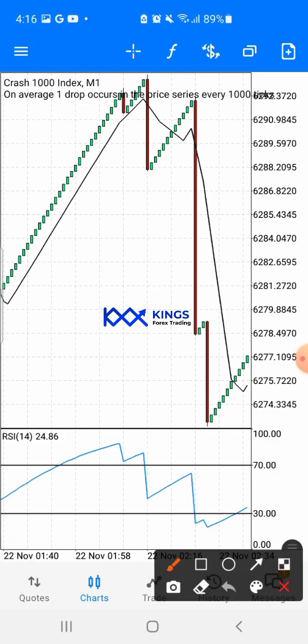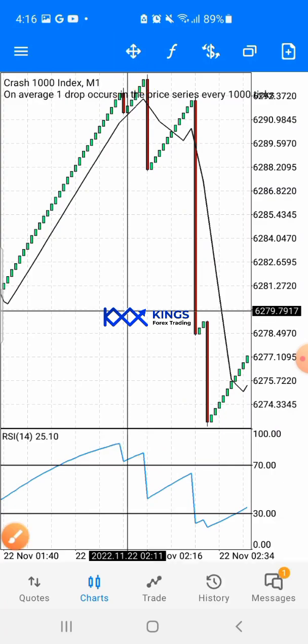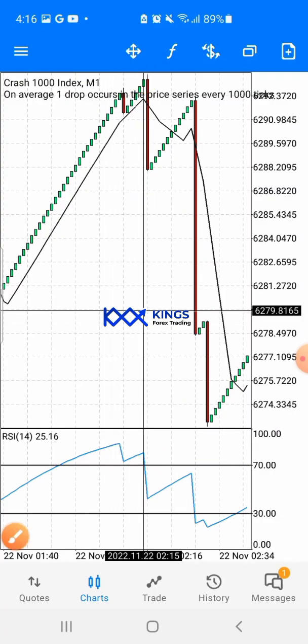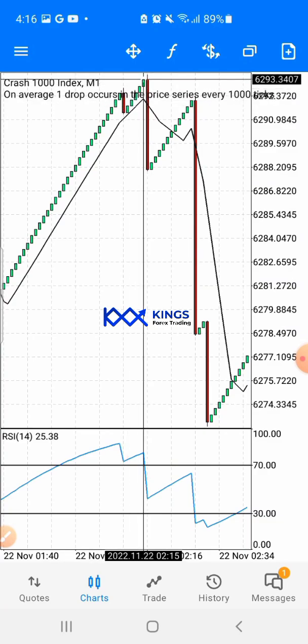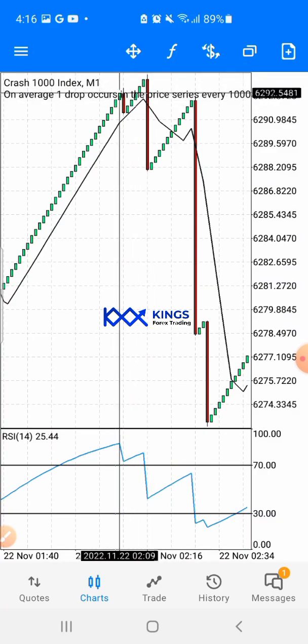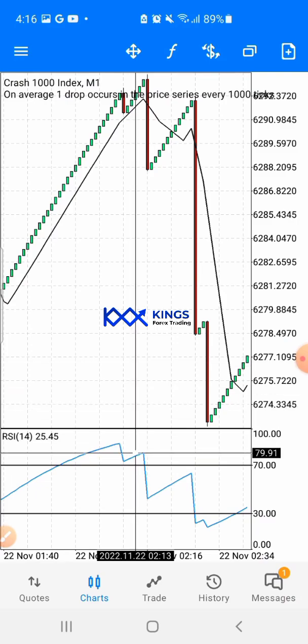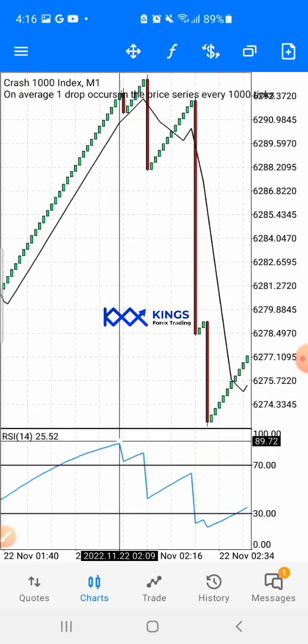If you look, we have a lower low here and a higher low here. Let me pick a line for you to see this. You can see on our main chart you have the higher low. This one is higher than this, while this one is lower than this, which is opposite.